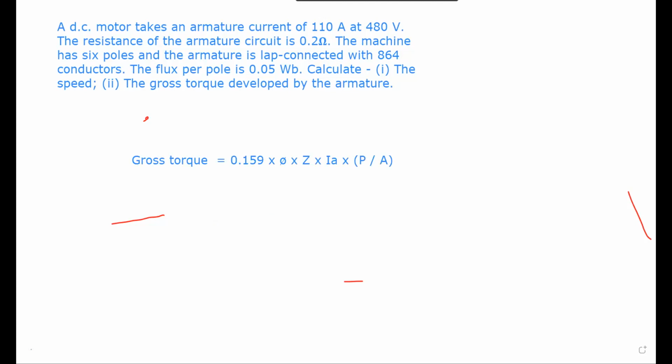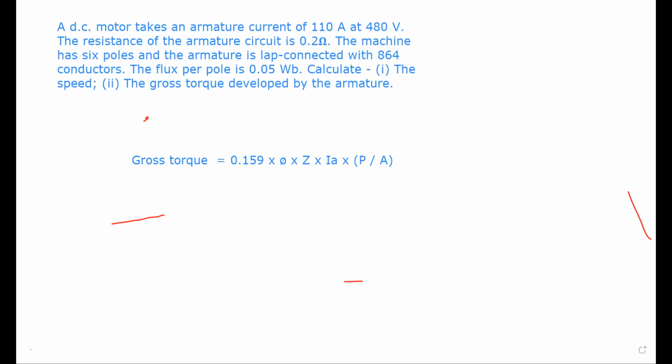So what is gross torque? When we talk about an electrical motor, gross torque means the total torque produced by the motor. This includes both the useful output that contributes to the motor's mechanical work as well as the friction loss, winding loss, and other factors.